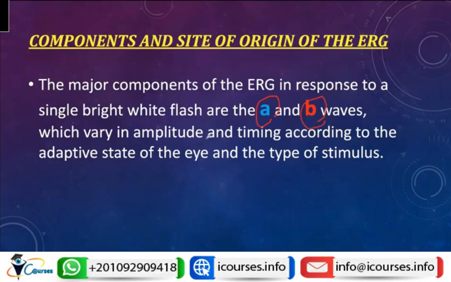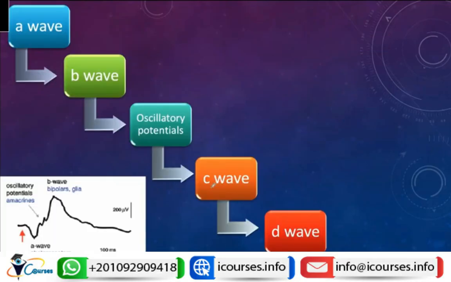The recording parameters are the amplitude and the timing. We need to know the amplitude of each wave and the time of each wave, and the response depending on whether the eye is dark adapted or light adapted. So let's start with the different waves of the ERG.